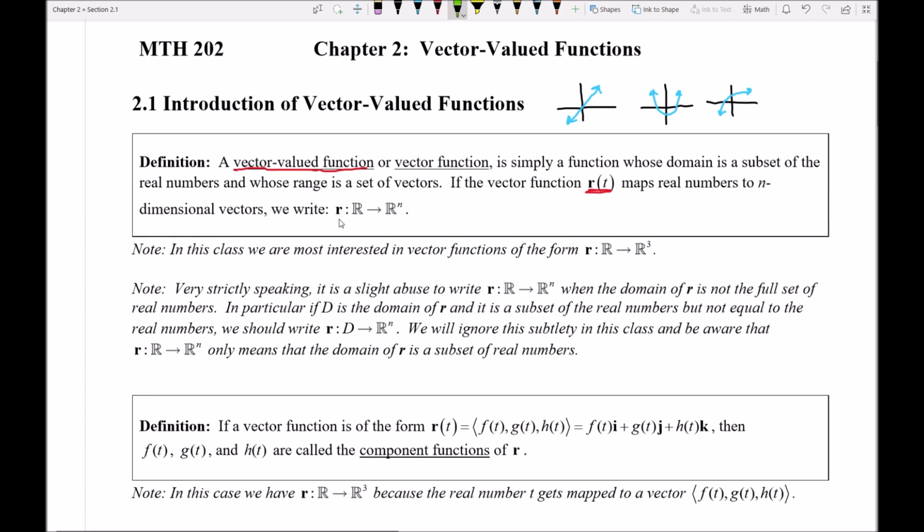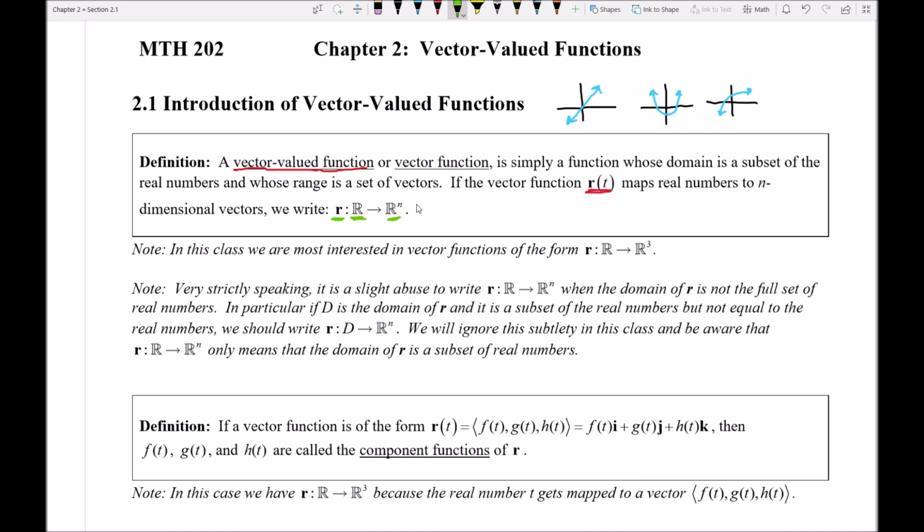You'll see that R is listed here as the name of the function that I'm working with. This R here represents the real numbers and represents where the values of the domain come from. And over here we have Rn, again meaning that I'm talking about vectors, like groups of different values, output values, if you will, right?